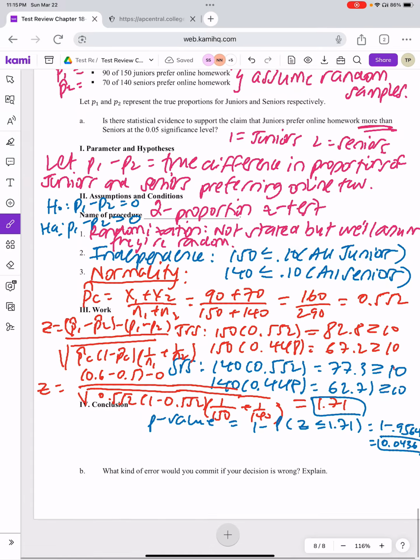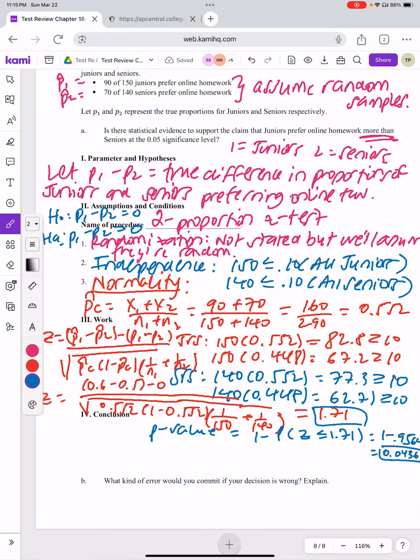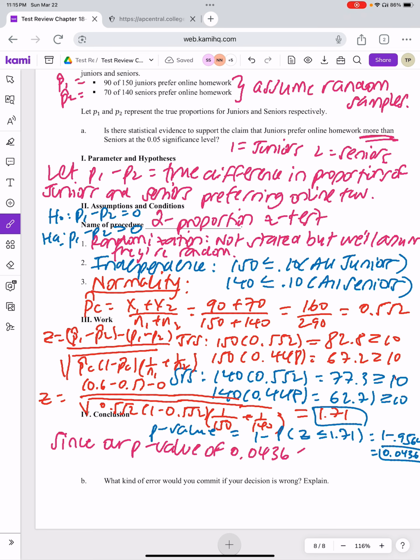Here, since our p-value is kind of small, since our p-value of 0.0436 is less than 0.05, we reject H0. We reject the null hypothesis. Right?